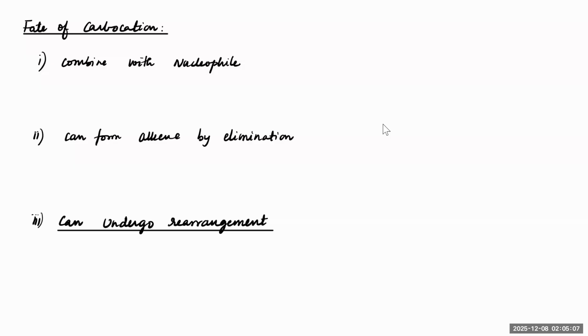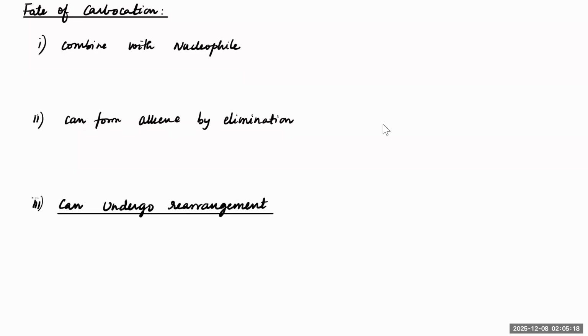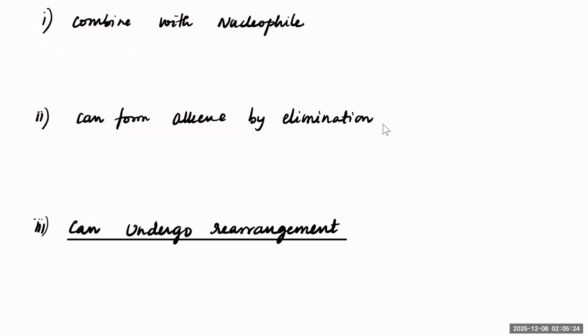They will immediately try to convert into a product, which means whatever carbocations we make, sooner or later they will convert into a product. So how will they do that? For example, they can combine with a nucleophile and convert into a product. Like, a carbocation is present, OH minus is a nucleophile. These two can combine to convert into ROH, which is neutral.